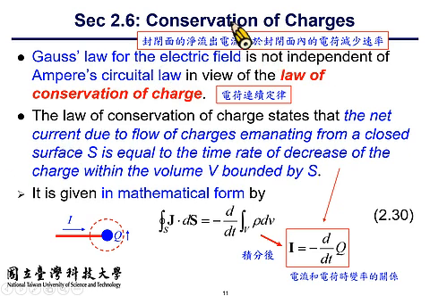The conservation of charge is formally known as the law of conservation of charge, and this can be found by linking the second and third Maxwell equations, that is, Ampere's circuital law and Gauss's law for the electric field.